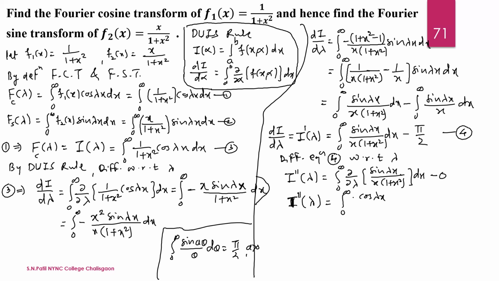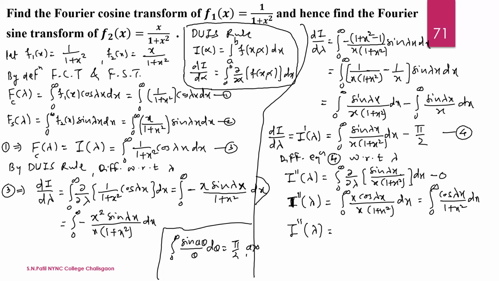The derivative of lambda x is x, divided by x times 1 plus x square with respect to x. Now x cancels, and we get I double dash, the second order derivative, is equal to the integral from 0 to infinity of cos of lambda x divided by 1 plus x square dx.